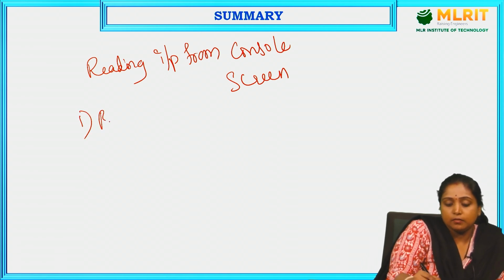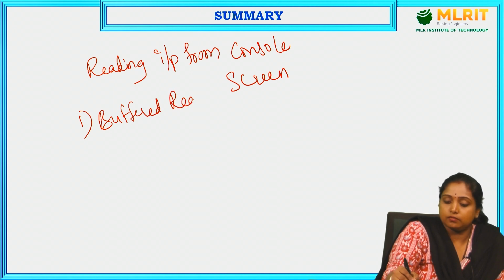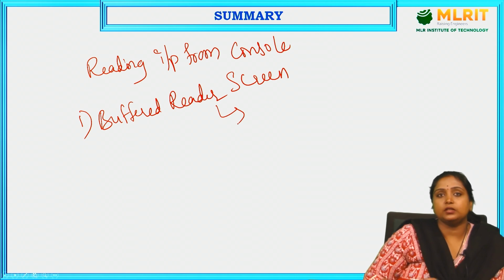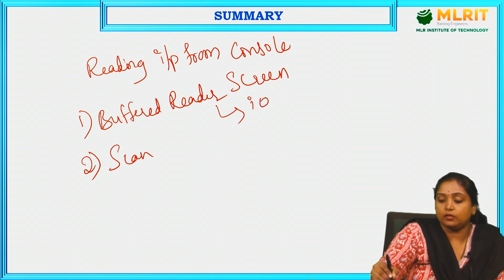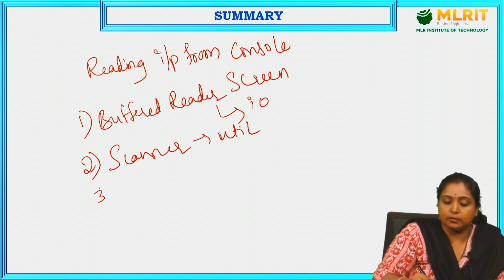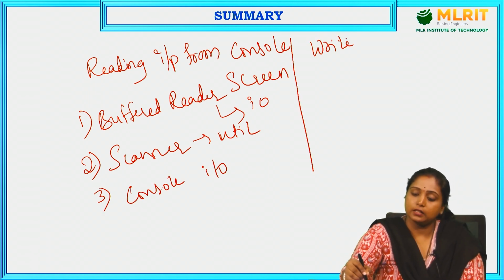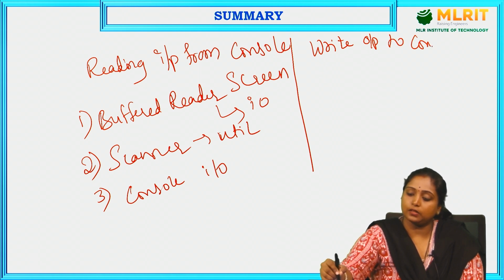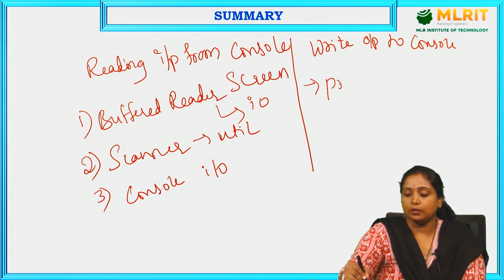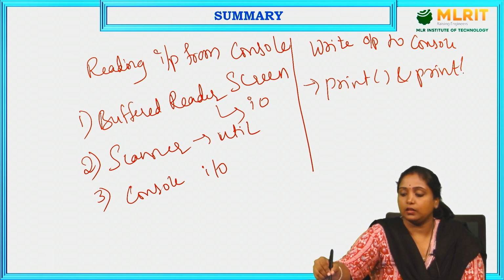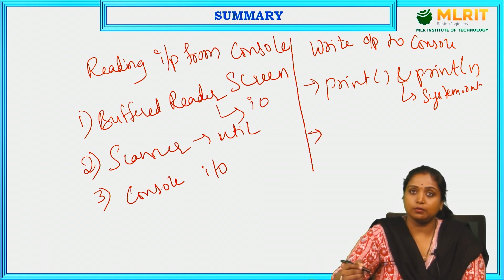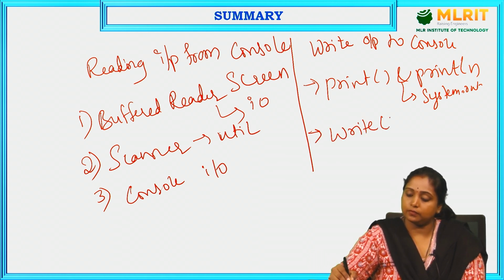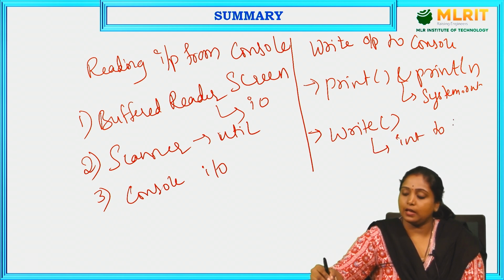The first is using the BufferedReader class, wrapped with InputStreamReader as well as System.in, which is in the java.io package. The second method is the Scanner class, which is in the java.util package. And the third... again, we have seen how to write output to the console screen. There are two methods: print and println, using the System.out stream, and the second method is the write method, which converts integers to the ASCII equivalent character.